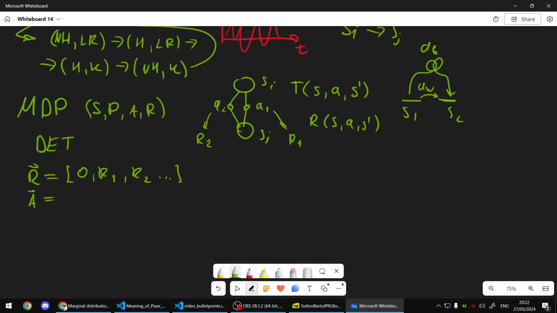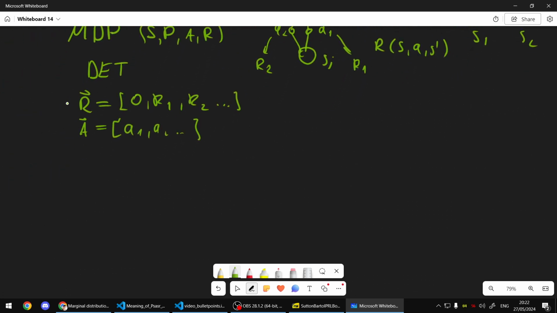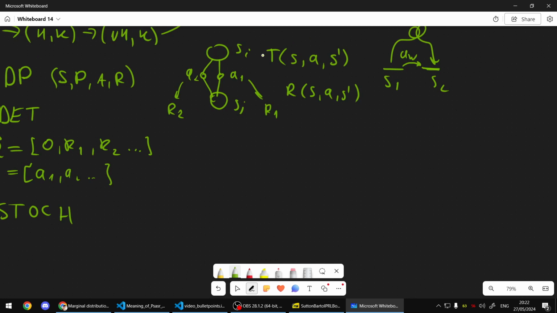And probably we can do the same with actions, some kind of A1, A2, and so on. Okay. Now we can ask what is a stochastic MDP, so this is the definition in the deterministic case.